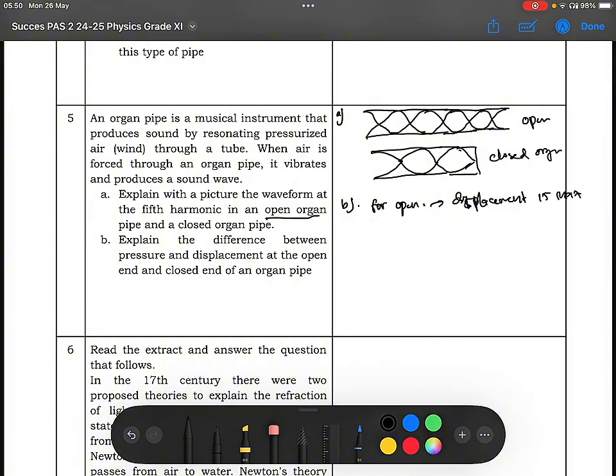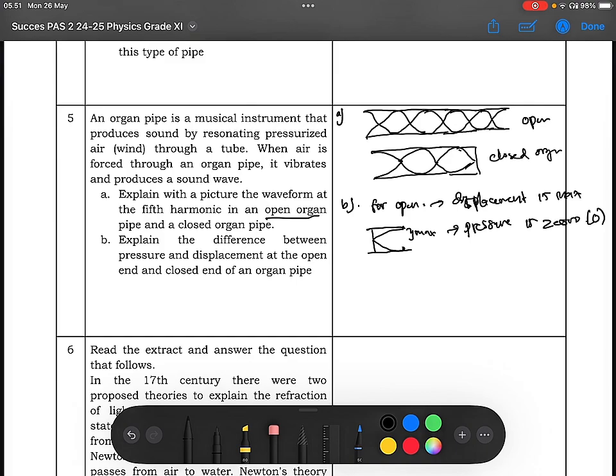The open end has maximum displacement, but the pressure is 0.